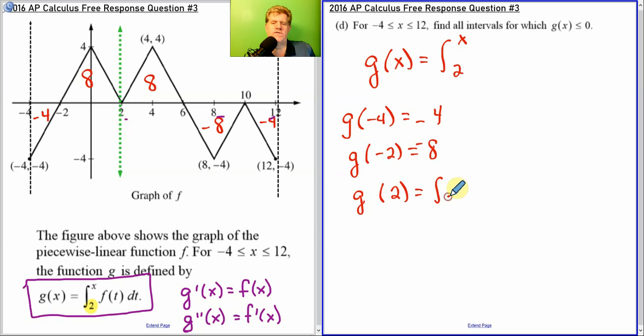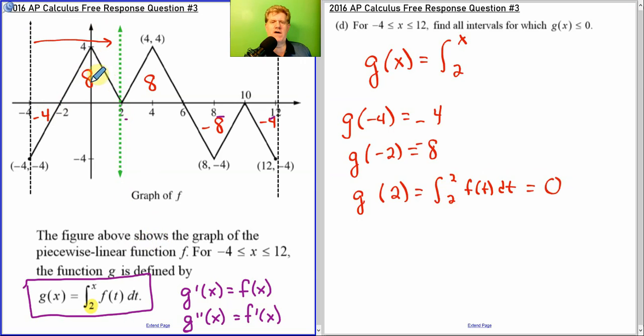What's the integral from 2 to 2? Well, there's no area there. So remember, by definition, that is 0. So notice how g of negative 4 is negative 4. G of negative 2 is negative 8. And then if we're traveling this direction, we're putting 8 back on. So when we get to 2, we're back to 0. So everywhere from negative 4 to 2, g will be negative.